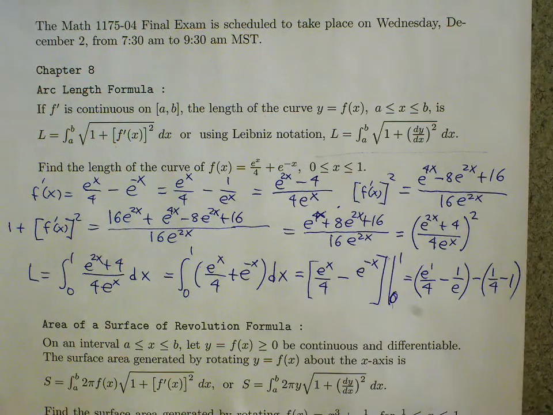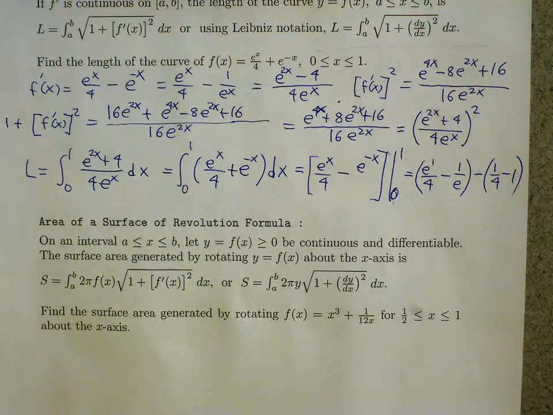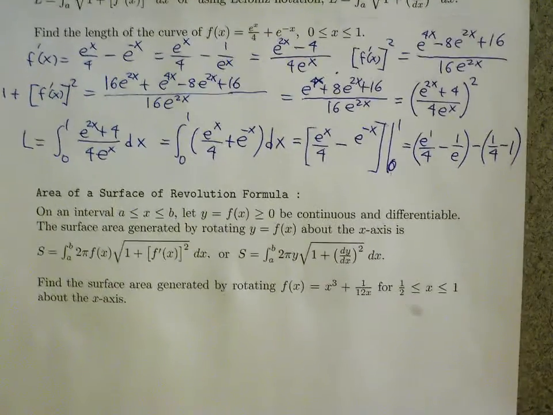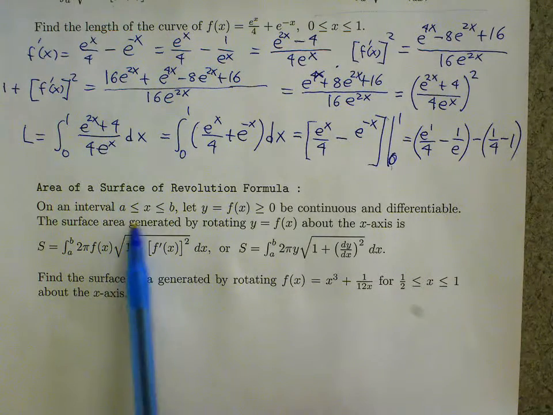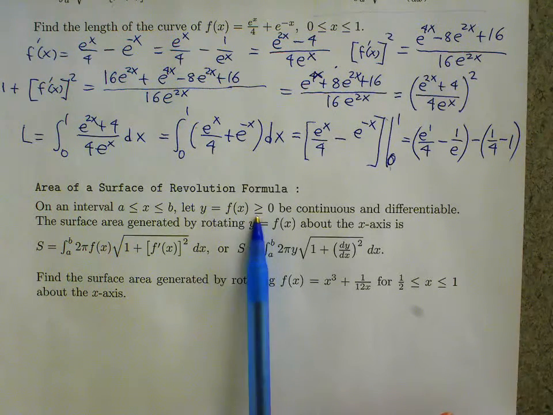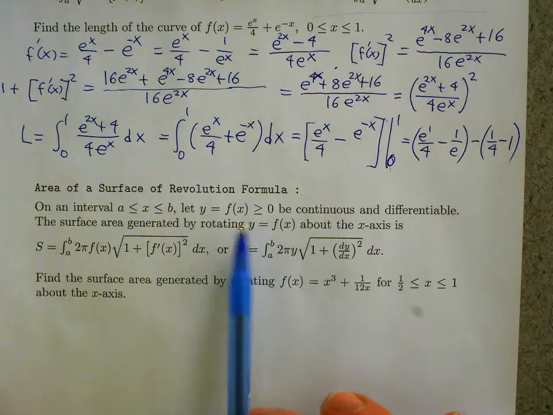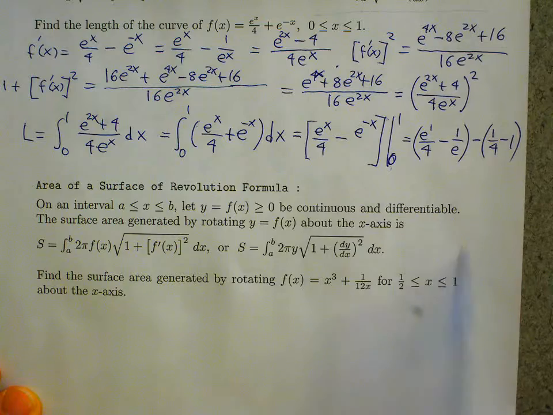okay, let's move on to the next problem, area of a surface of revolution. On an interval where x goes from a to b, we let y equals f of x be greater than or equal to 0, or positive on that interval. And we also want it to be continuous and differentiable.